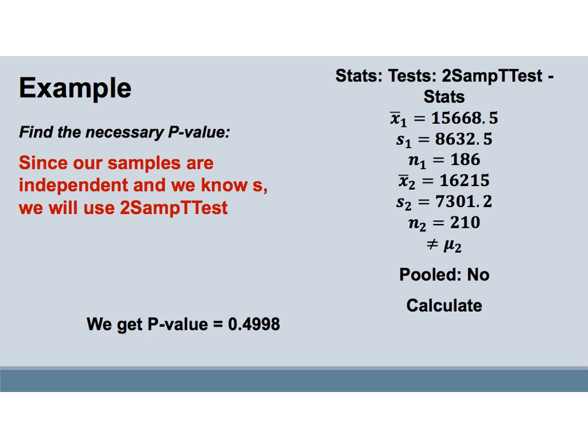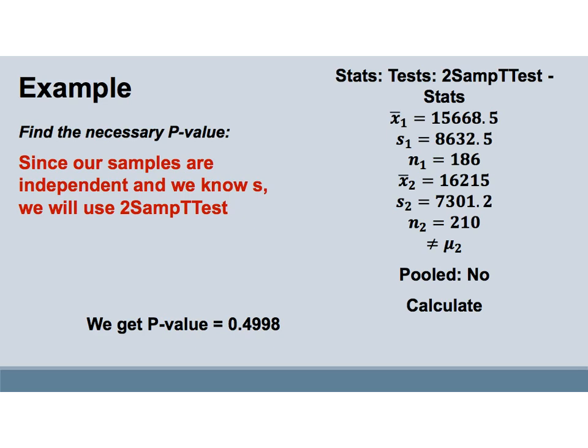The standard deviation was 8,632.5. I sampled 186 men. Then I move over to the women. Their mean was 16,215. Their standard deviation was 7,301.2, and I sampled 210 women.